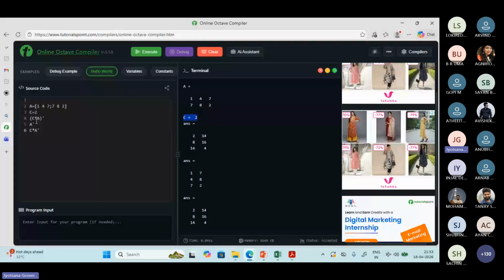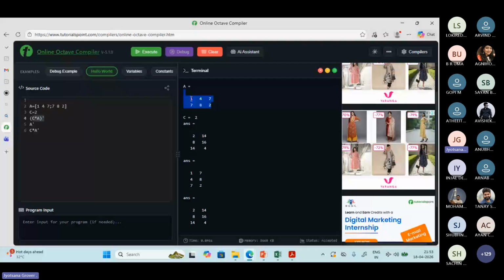I have to prove C into A whole transpose is equal to C into A transpose. That means you take C out, and then take the transpose of A and multiply with C. So 2 into 1 is 2, 2 into 7 is 14, 2 into 4 is 8, 2 into 8 is 16. So this result is C into A transpose. And this, we have already calculated, is C into A whole transpose. That means you multiply A with C first: 2 into 1 is 2, 2 into 4 is 8, 2 into 7 is 14, and then you take its transpose. So you'll get this.